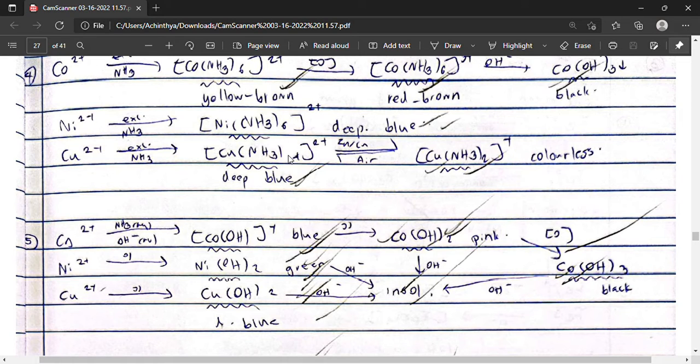Here it is tetraamminecopper 2+ ion, and we can reduce it into tetraamminecopper 1 ion, which is colorless, and we can oxidize it back simply by exposing it to air.